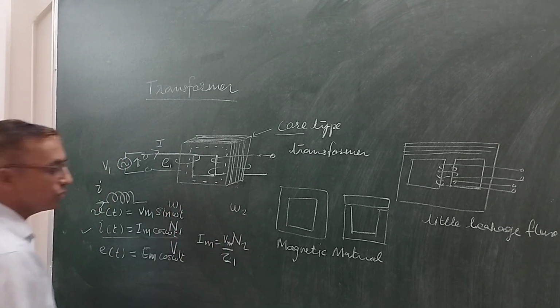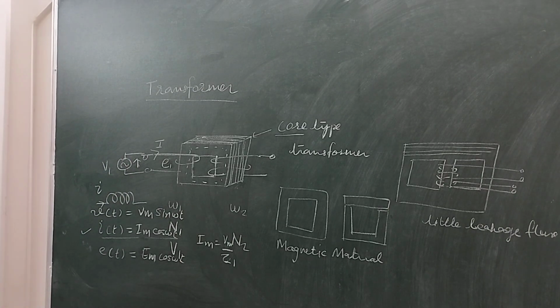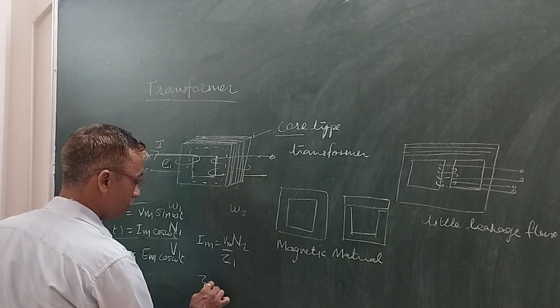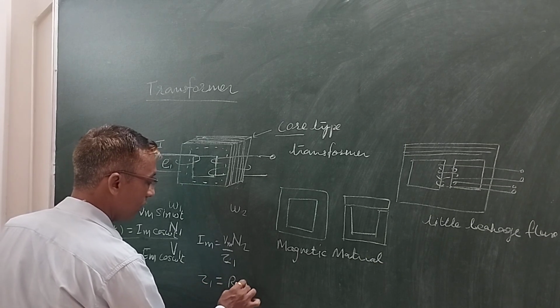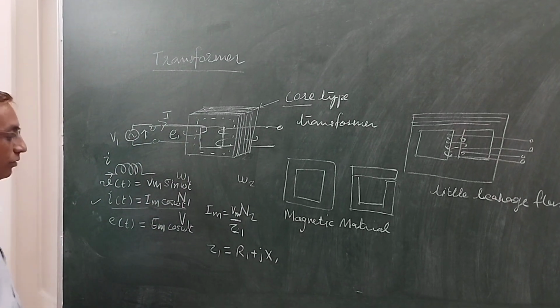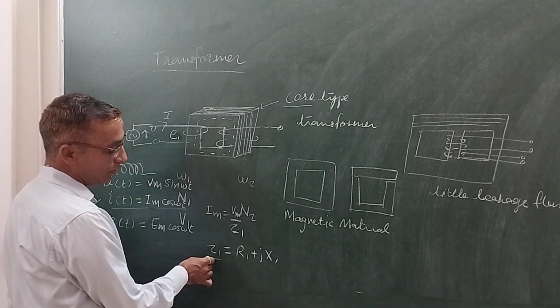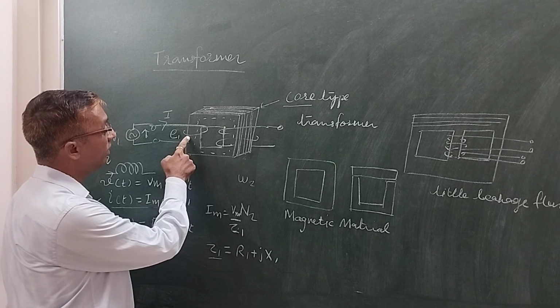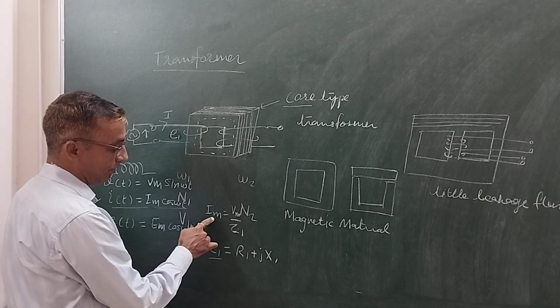I call the impedance of this winding as Z1, that is primary winding impedance. So let us define it. It is R1 plus j times X1. Z1 is the complete impedance offered or opposition offered by the winding to the flow of current.